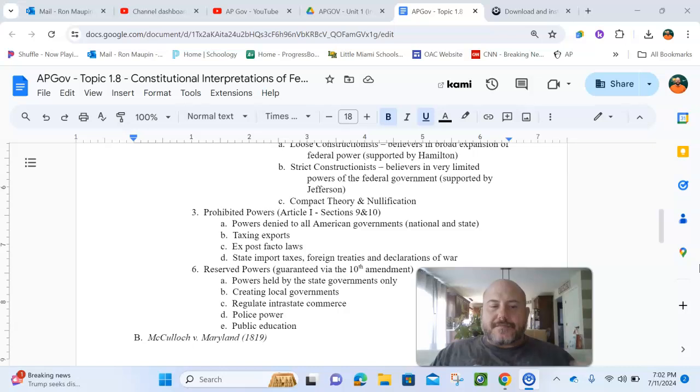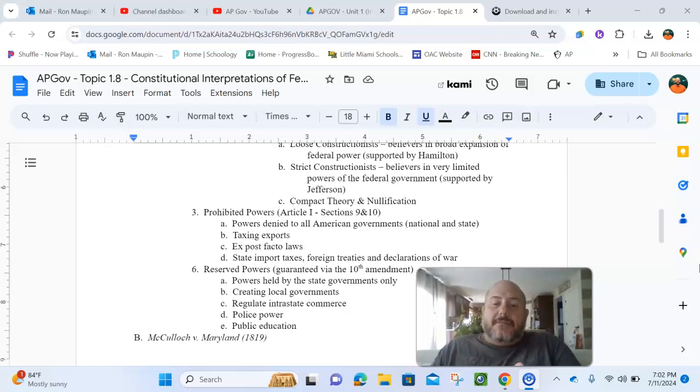For example, public education is probably the easiest well-known example of that. You can look all through the Constitution, and you're not going to see anything regarding public education. So if you're talking about who has the power to create schools, regulate schools, and determine curriculums, that's not mentioned. It doesn't say the federal government can do it, and it doesn't say that the state governments can't do it.